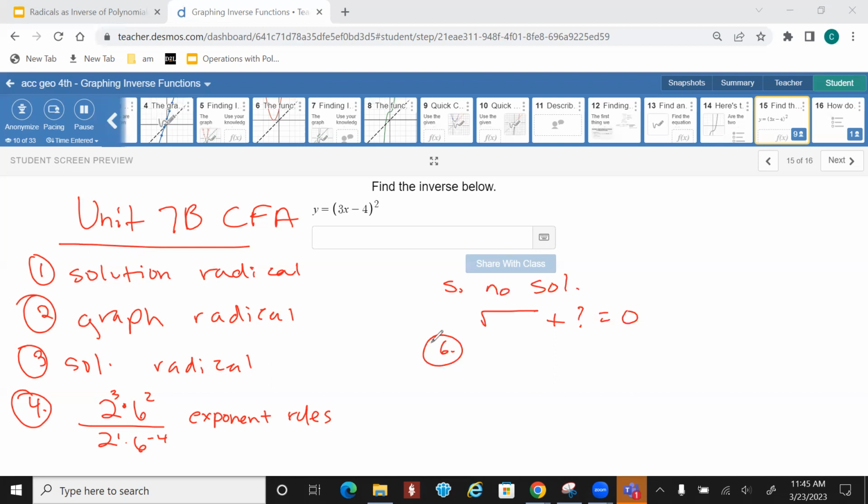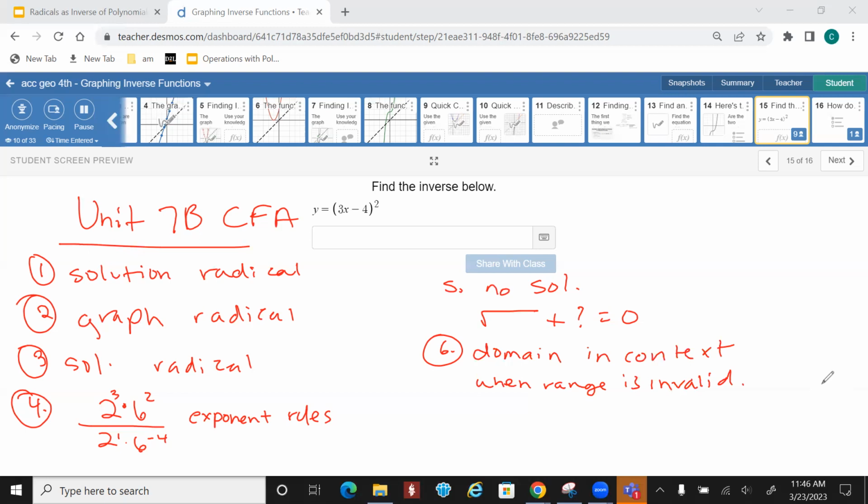Okay, the next question has 2 parts, and it's asking about the domain in context, and then when the range is invalid. So remember, when we talk about domain in context, we cannot have negative numbers.